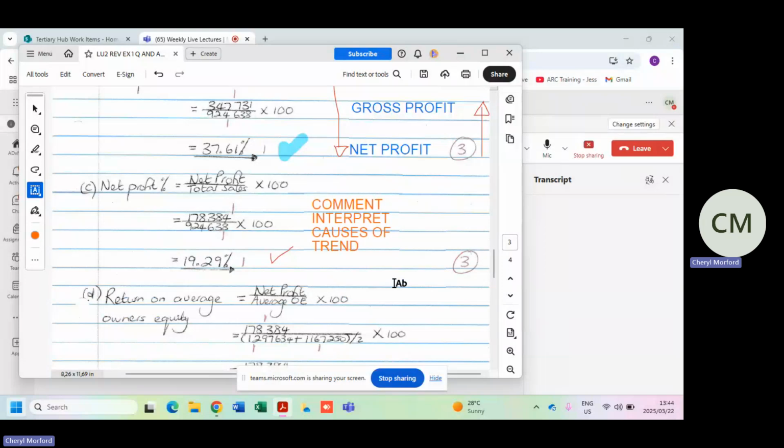In this case, no. I've just asked you to calculate for a single period. But if you were to indicate if the ratio got better or worse, they would ask you to calculate the ratio for more than 1 year. Or in the question, they could put it in a bracket.